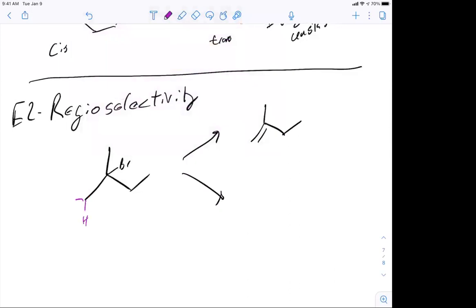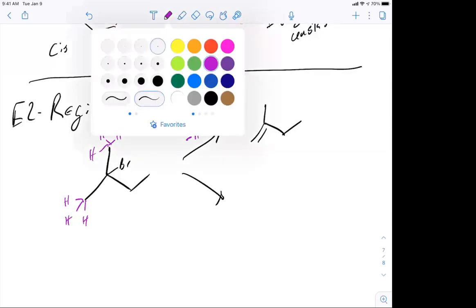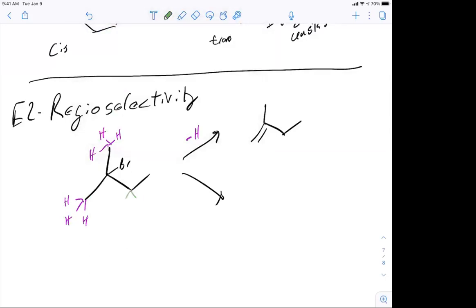Right, I could eliminate these hydrogens. And if I lost one of those hydrogens with my base, I'll end up with the top product. If we look at the other beta hydrogens, we end up with these 2 beta hydrogens. And so if I lose one of those hydrogens, then I would end up with this product.